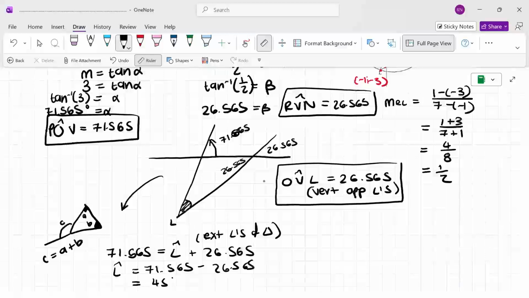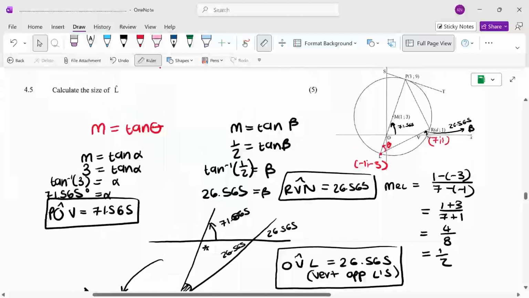Or I can find this angle here. What do we call that angle? Not angle O, VOL.